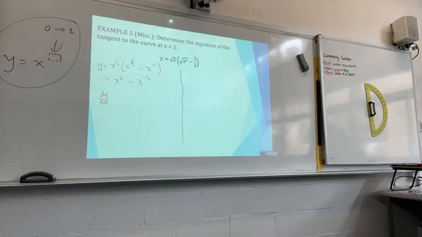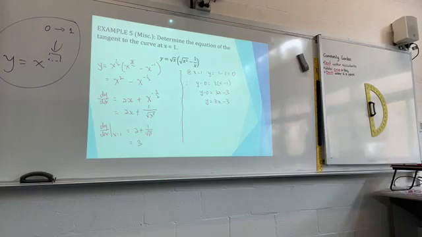All right. Once you've done that, you should be able to find the derivative, which is dy/dx equals 2x plus x to the power of minus 3 over 2. Minus half minus 1 is minus 3 over 2. Therefore, it's 2x plus 1 over square root of x cubed.